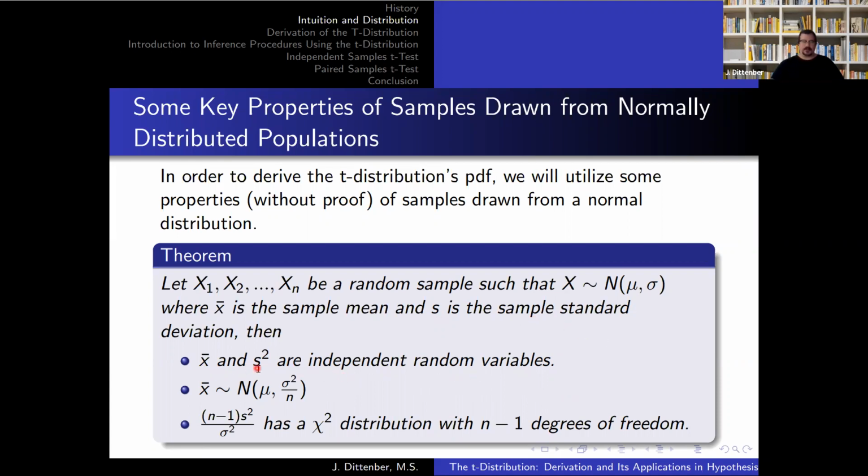So x bar and s squared are going to be independent random variables. My x bar is also going to follow a normal distribution with this standard error. And this term here, which is the ratio of my sample variance and my population variance with n-1 here, has a chi-squared distribution with n-1 degrees of freedom. So these are all going to be important in our derivation.